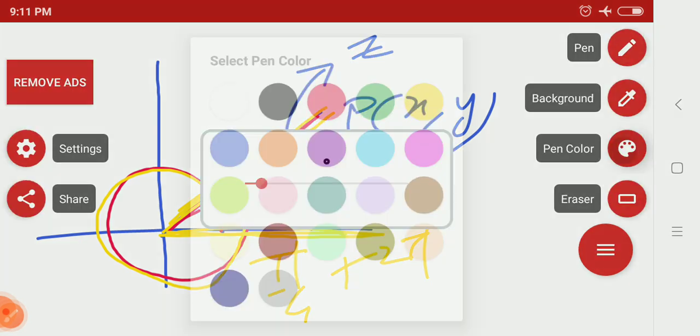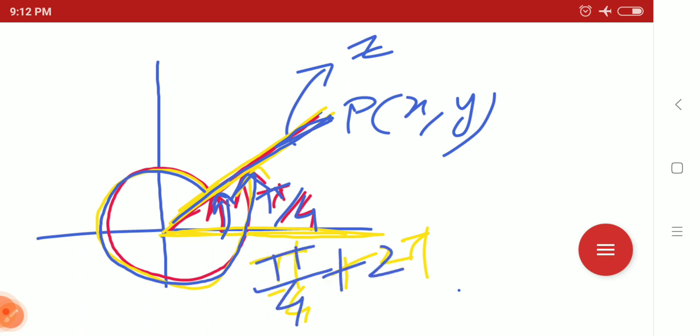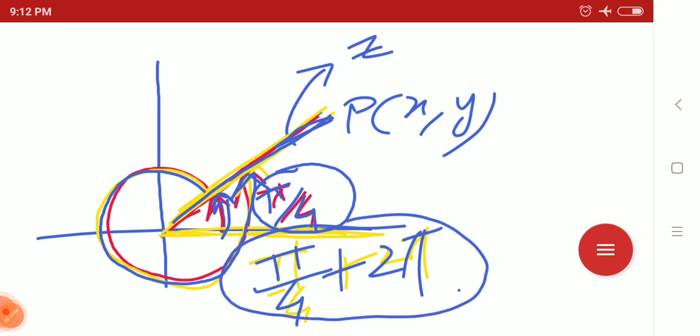Now you are making an angle pi by 4, but then you rotate in this way and come to the same point, the same line. That means you have rotated pi by 4 plus 2 pi. I am trying to tell you that you get the same value for pi by 4 and for pi by 4 plus 2 pi. Here pi by 4 is the arg of z.